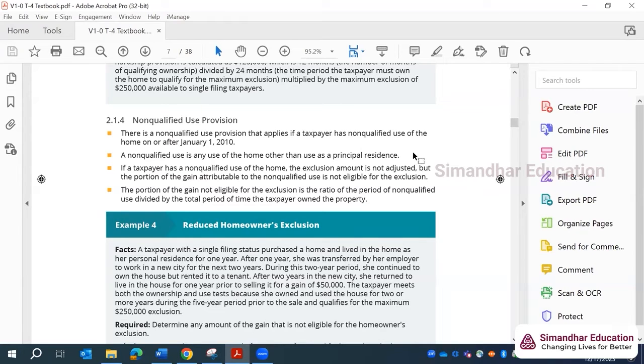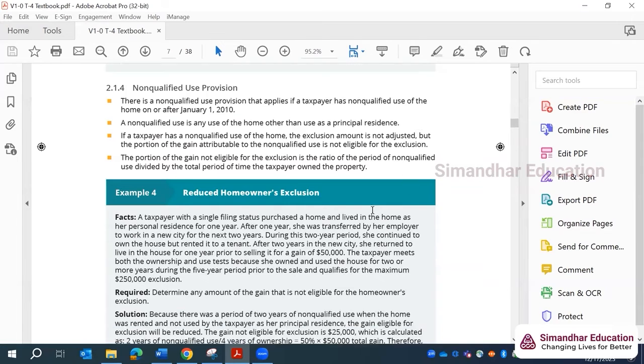When we are doing the non-qualified use provision, we are prorating the gain amount. I'll repeat myself: when we did the hardship provision, we prorated the exclusion amount. When we are doing the non-qualified use provision, we are prorating the gain amount. That means on certain gains, you will have to go ahead and pay taxes.